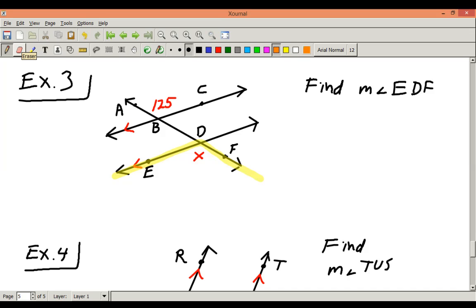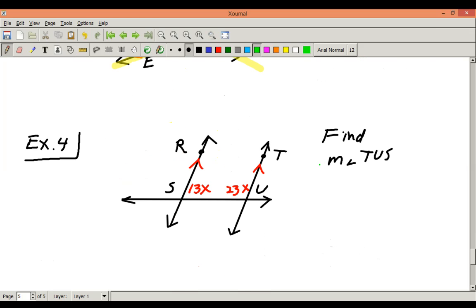And so we just proved a theorem a few minutes ago, which said if two parallel lines are cut by a transversal, then alternate exterior angles are congruent. And so there's nothing to calculate or figure out. That angle is 125 degrees. Okay, nothing to calculate there. Just know the theorem that goes with that picture.